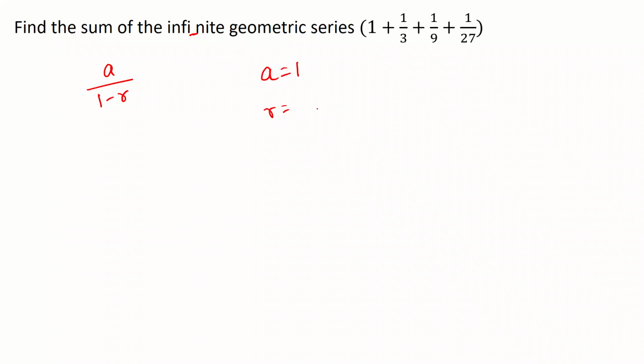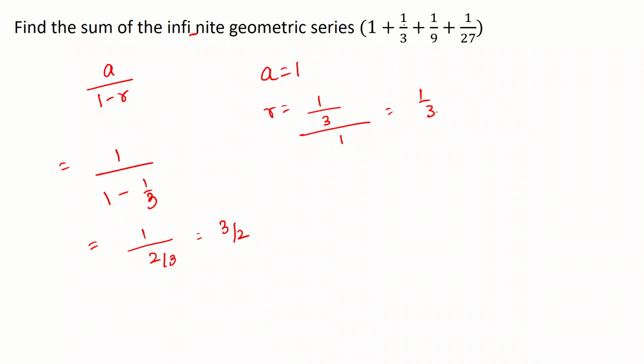What is r? R is the common ratio, which is the second term by the first term or the third term by the second term, whatever you want to say. So r is 1 by 3. So my sum in that case will be 1 by 1 minus 1 by 3, which is equal to 1 by 2 by 3, which is 3 by 2. This is the sum of the infinite GP.